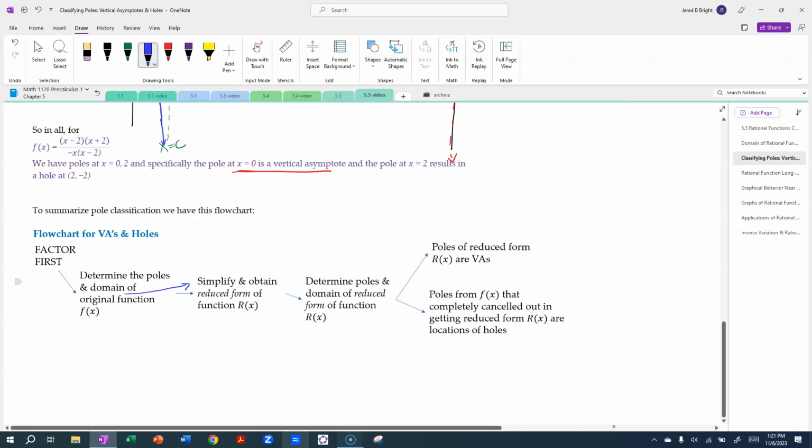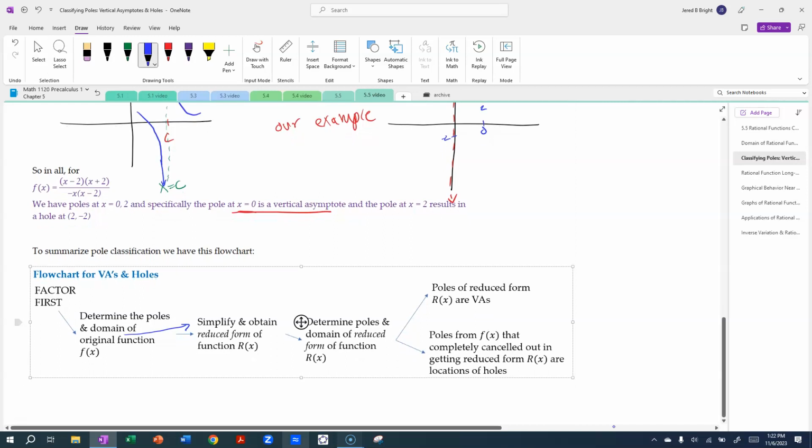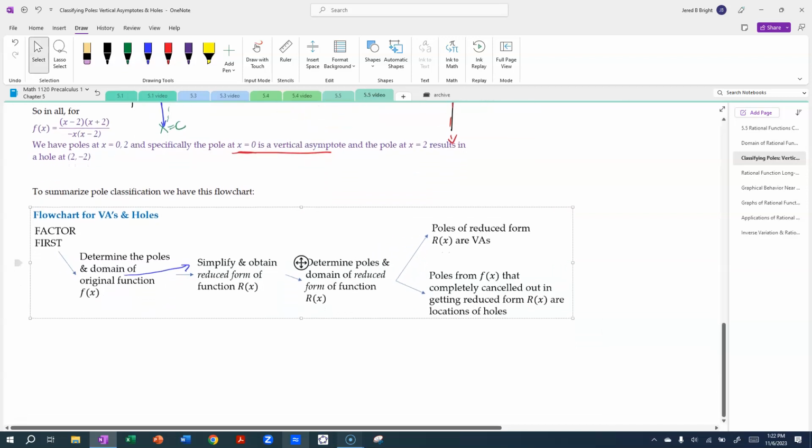Simplify after. And then find the poles and domain of the reduced form. And then any poles of the reduced form are vertical asymptotes. That's what remained. And then poles that cancel completely from f of x in going to r of x, those are locations of holes.